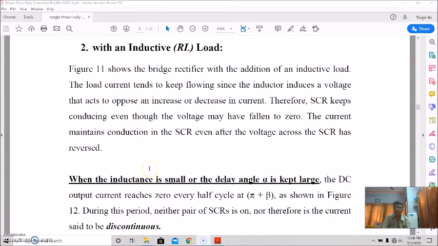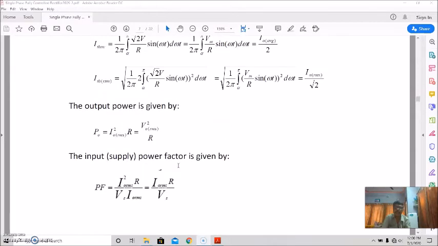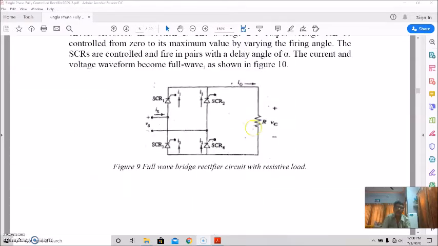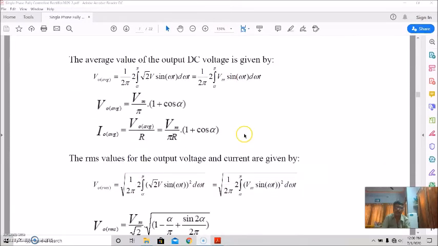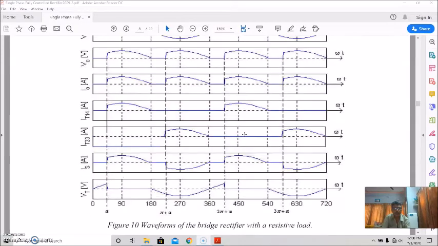Now we'll discuss the bridge rectifier, controlled rectifier with inductive load, basically RL load. If in our previous circuit diagram we add inductance in series with the resistance, our new circuit for inductive load will be formed.